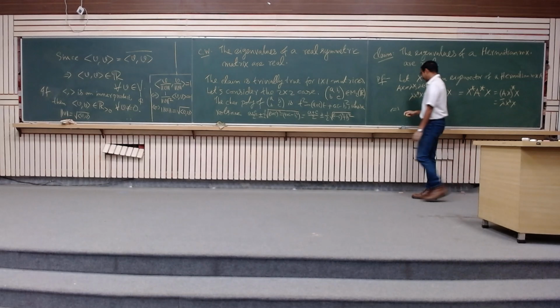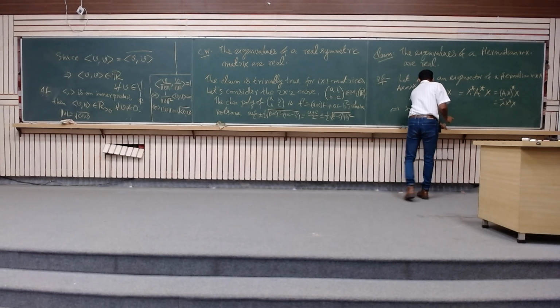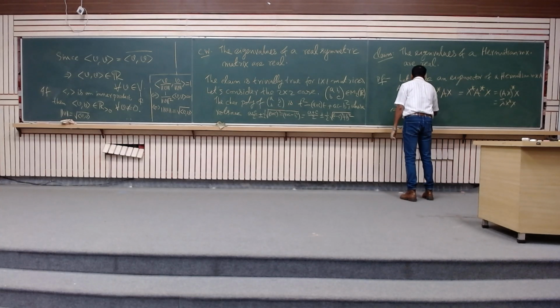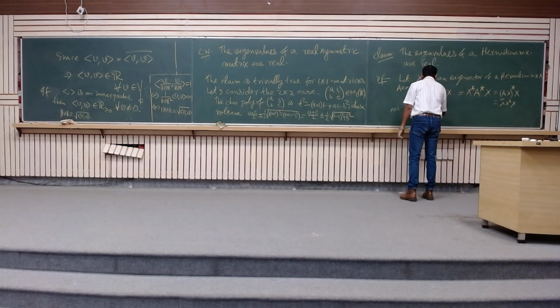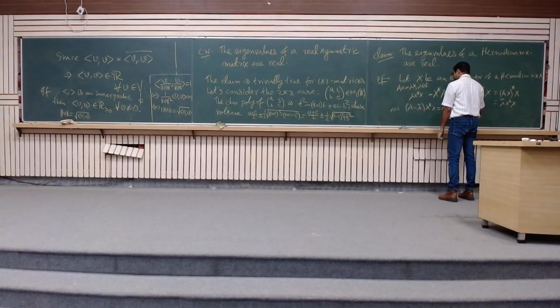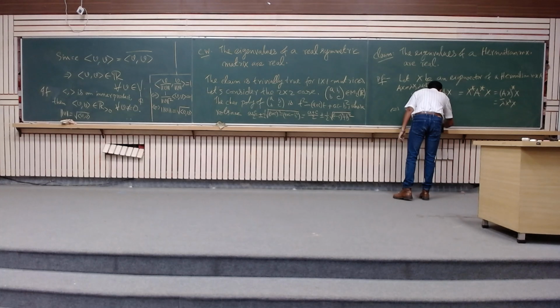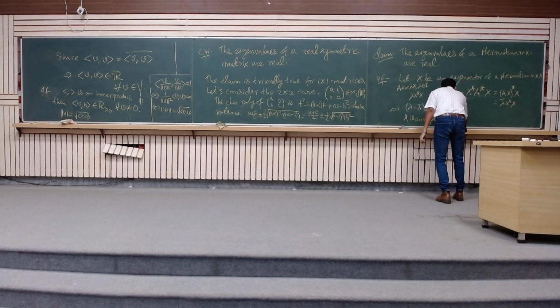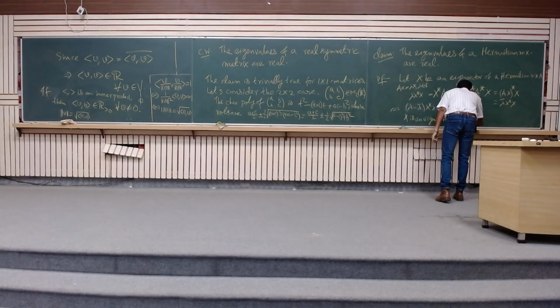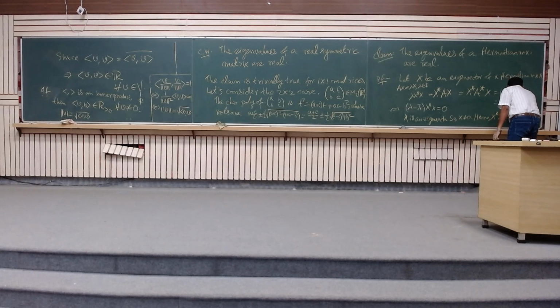So (lambda minus lambda bar) x star x is equal to 0, and x is an eigenvector, so x is not equal to 0, and hence x star x is not equal to 0.